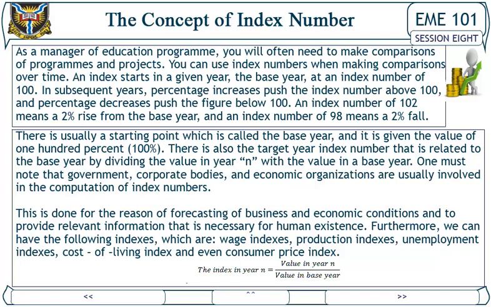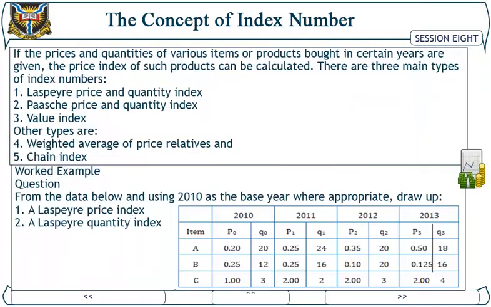Furthermore, we can have the following indexes: wage indexes, production indexes, unemployment indexes, cost of living index, and even consumer price index. If the prices and quantities of various items or products bought in certain years are given, the price index of such products can be calculated.